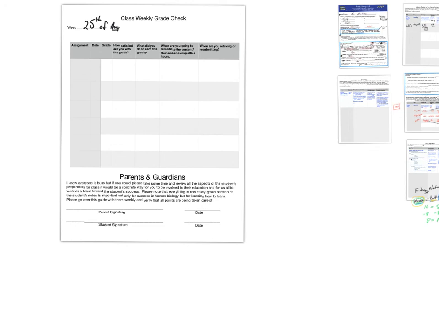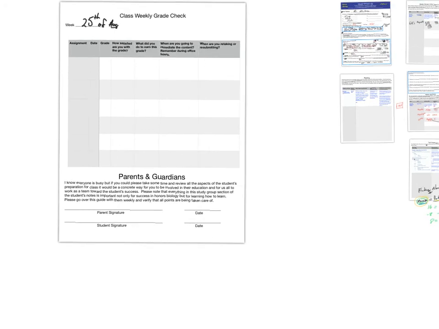Or you can put whatever date you want, but it's that week. It's the week of the 21st through the 25th, or whatever you want to put down there. It doesn't matter. So you don't have to put the whole name of the assignment.